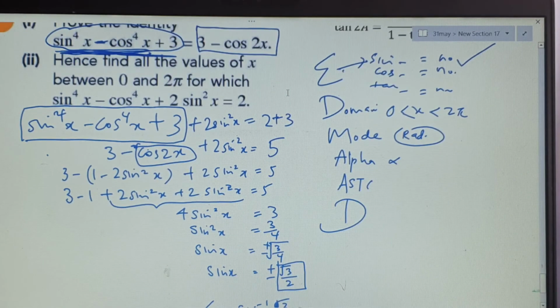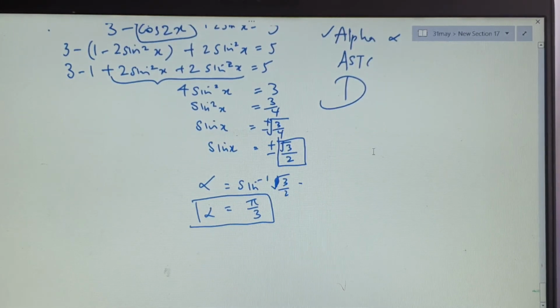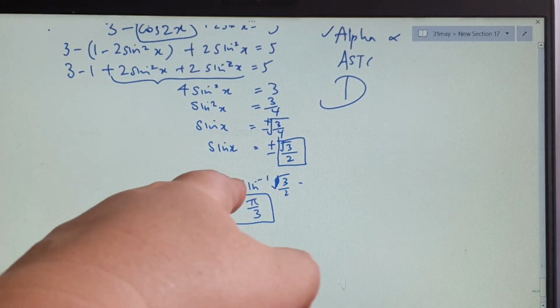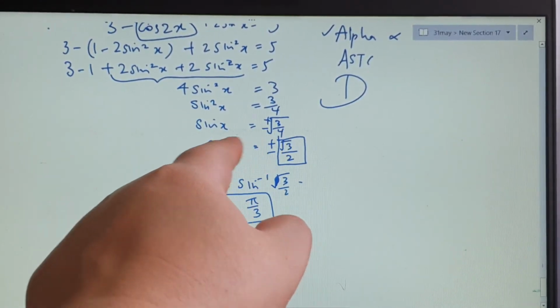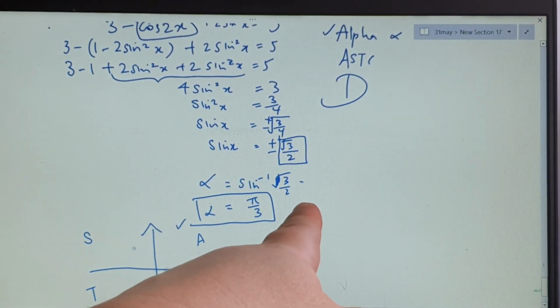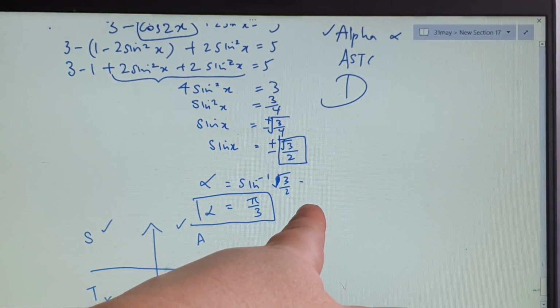Now we're going to do ASTC. Now, the very fact that sine can be positive or negative means that all the quadrants also can.